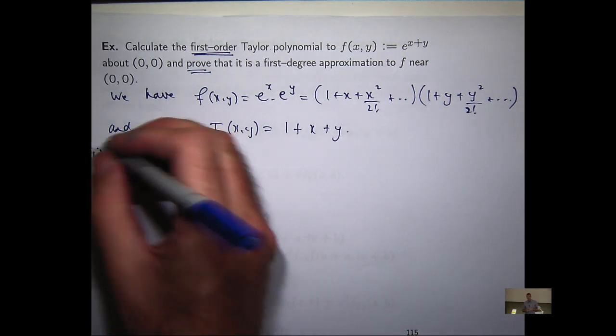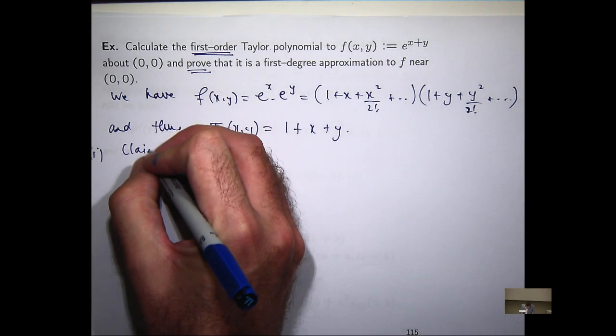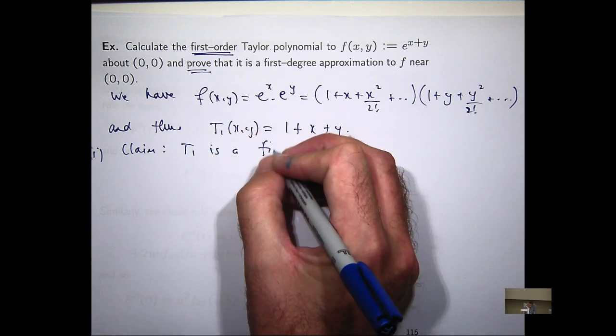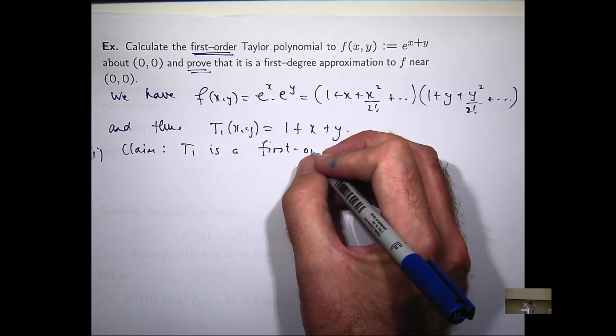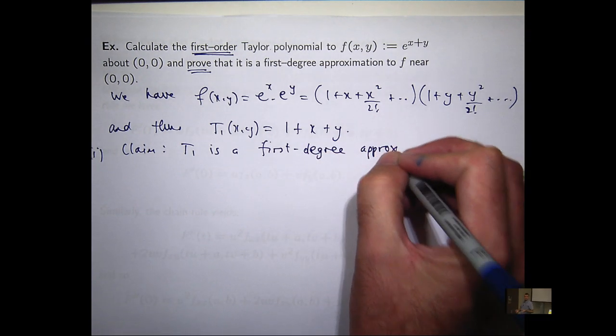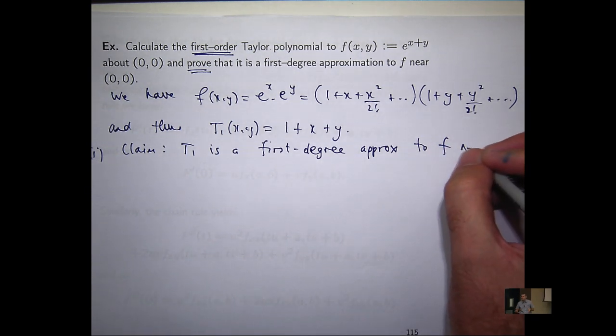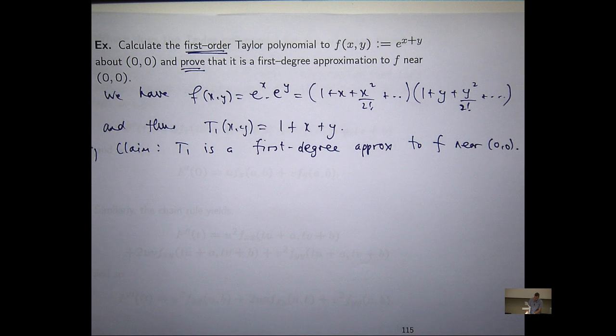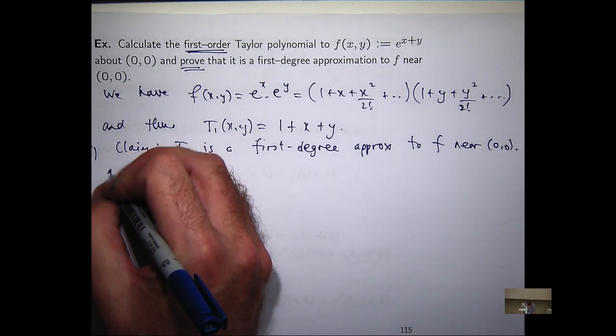All right, so let's claim T1 is a first degree approximation. Firstly, what do we need to check?